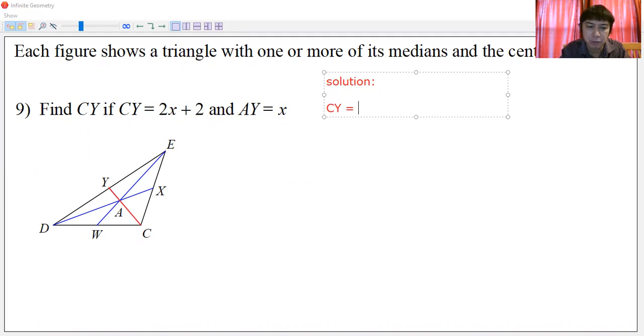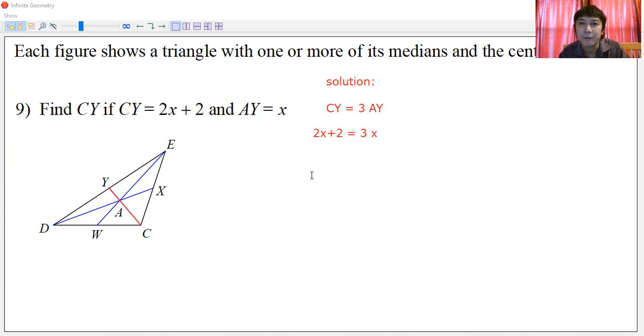So CY is equal to 3 times AY. This is our working equation. And then we substitute the given expressions. CY is 2x plus 2, and this is equal to 3 times AY, which happens to be just x.